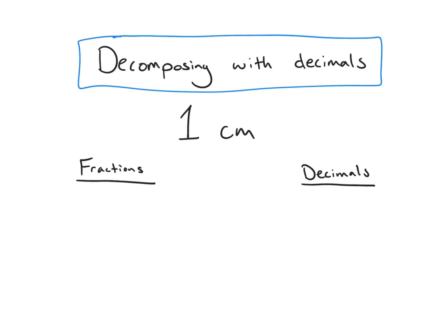We have some experience with decomposing numbers using fractions. So I'm going to be showing how we can decompose the value of 1 centimeter, first with fractions, and then with the equivalent decomposition with decimals. So one way that I can decompose 1 centimeter, which is essentially me decomposing one whole, is I can break up one whole into 2 fractional parts and have the sum of those fractional parts equal one whole.